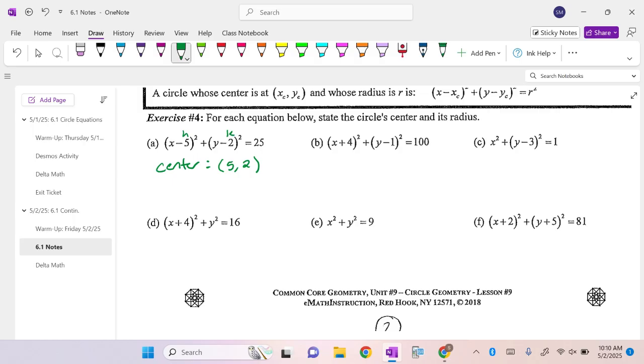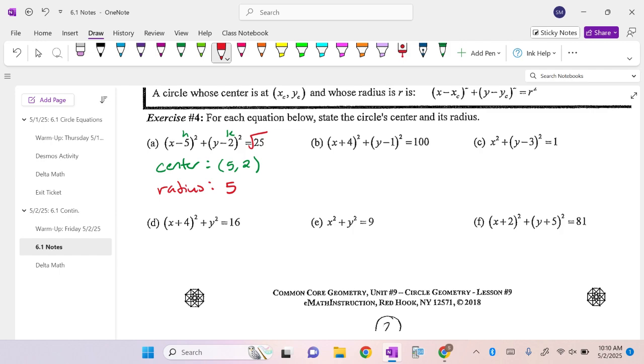Now, with the radius, remember in the equation, it's written as r squared, so it's the square of the radius in the equation. Someone different, raise their hand and tell me what my radius is. Jasmine. 5. You would have to take the square root of 25, and that would give us our radius.